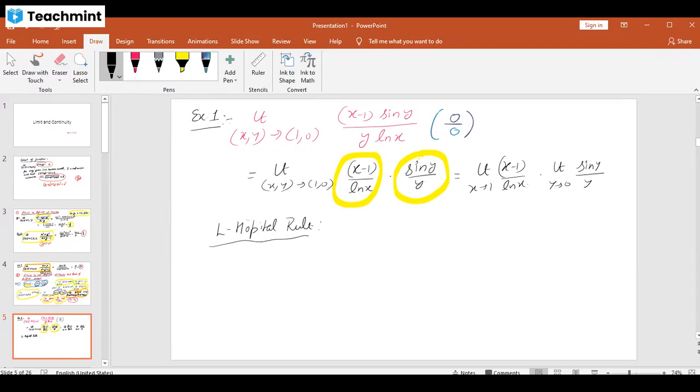What it states is that limit x tends to x naught of f of x upon g of x, if we have a rational form of the function and f of x naught is equal to 0, g of x naught is also equal to 0, then this limit is equal to f dash x naught upon g dash x naught, provided g dash x naught is not equal to 0.